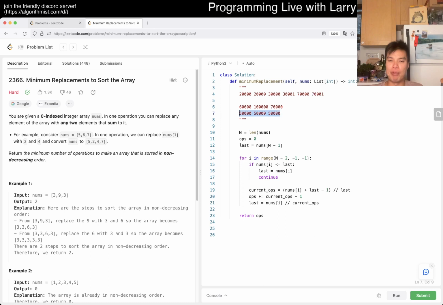If you have 2 operations, even if this is, in this case it has to be actually, but even if it's here, if you have 2 operations to go, let's say there's another bigger number, let's say you have some huge number in the front. Because, okay, I think I get it now.